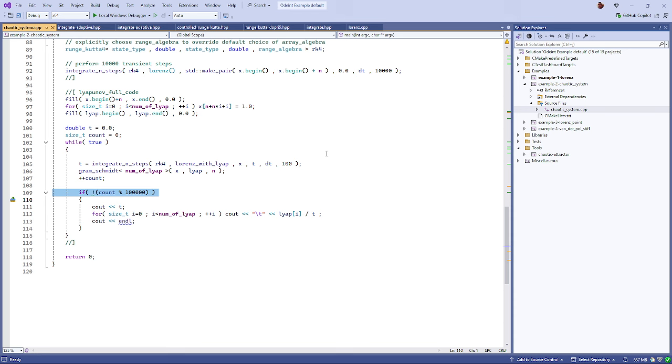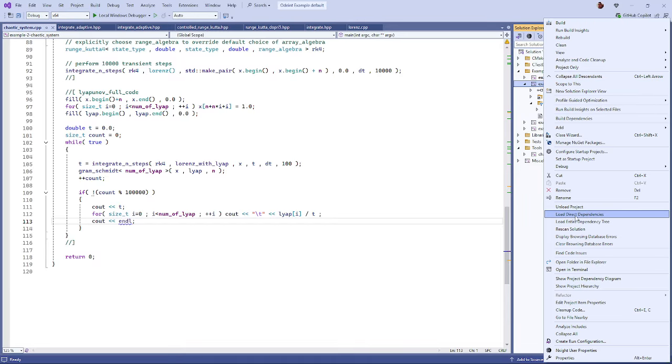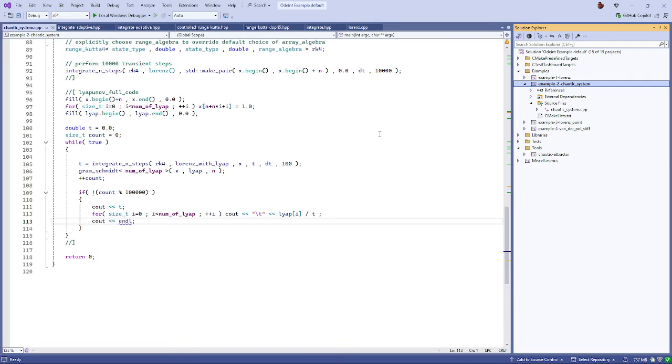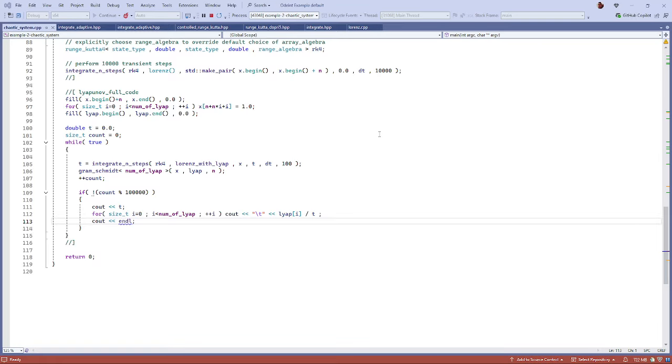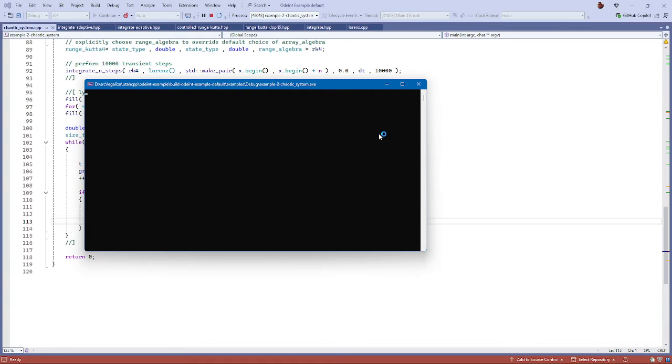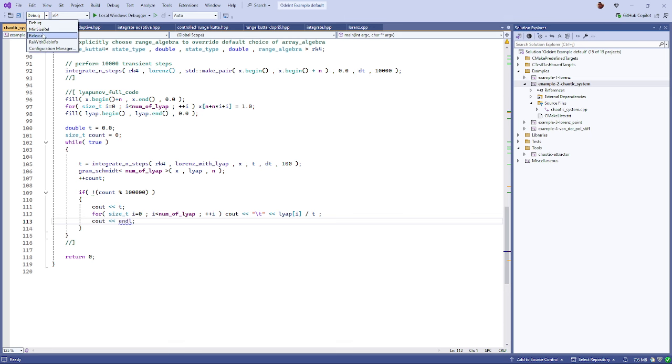And then every 100,000 counts through this loop, they're going to print out the state of the Lyapunov exponents. So if we take a look at this one, as you might imagine, it is too slow to run in debug, so let's switch over here to release.